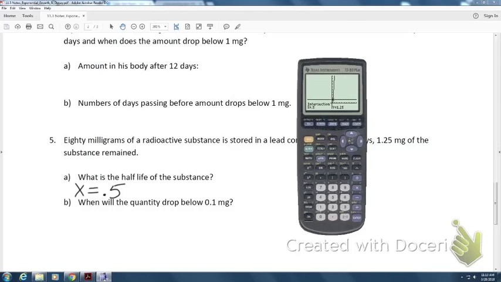If not, whenever I'm answering when will it drop below 1 milligram, what equation am I going to put into y1? 80 times 1/2. I'll still have my initial and my b value. What is my exponent going to be?